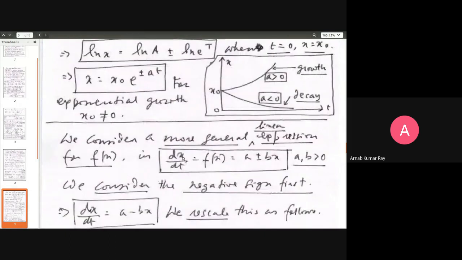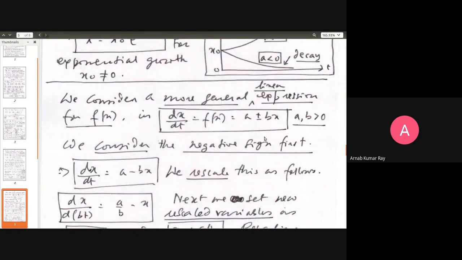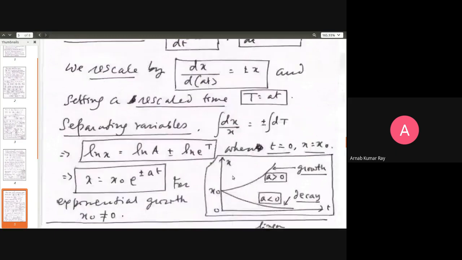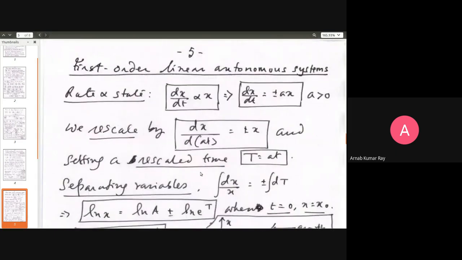Now let's have a slightly more involved discussion. Dx dt is equal to f(x) in a more general linear form, a plus minus bx, where both a and b are positive quantities. Consider the negative sign first. The negative sign here will be dx dt is equal to a minus bx. So we shall have to rescale this equation as before. Note what we have done here.